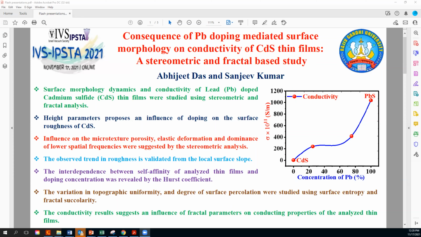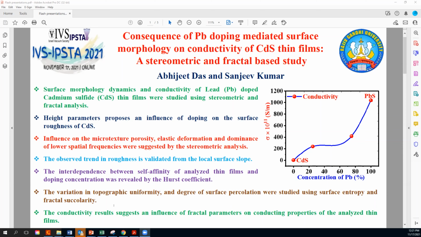Good evening to all of you. My name is Abhijit Das, and I'm a research scholar in the Department of Physics, Rajiv Gandhi University. Today I'll be talking about one of my works, the consequence of Pb doping mediated surface morphology on the conductivity of CdS thin films, which we have studied in the framework of fractal geometry. Surface morphology, dynamics, and conductivity of lead-doped cadmium sulfide were studied using stereometric and fractal analysis.